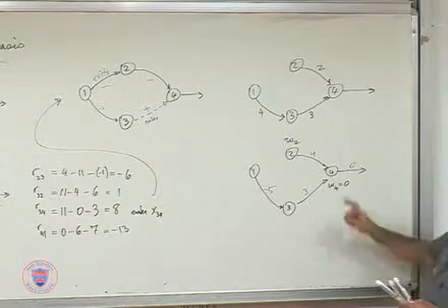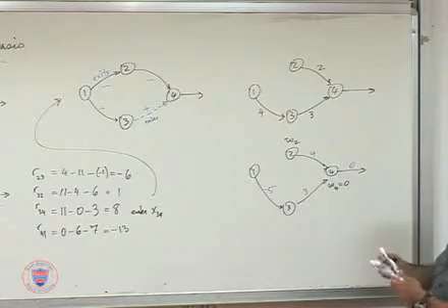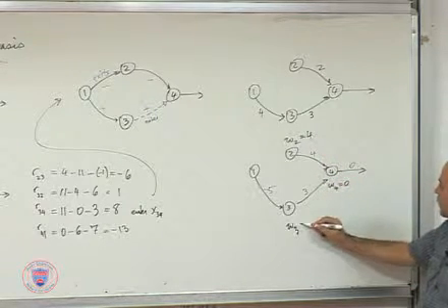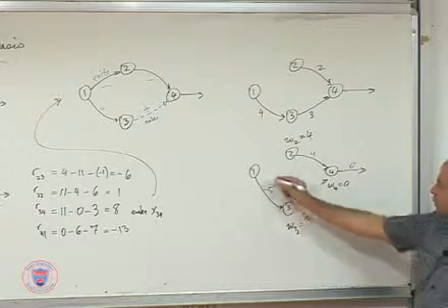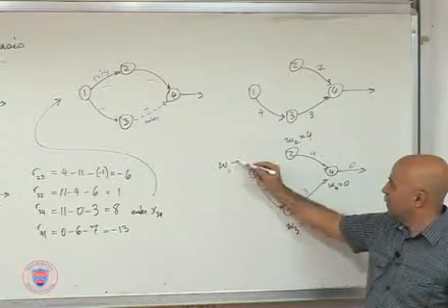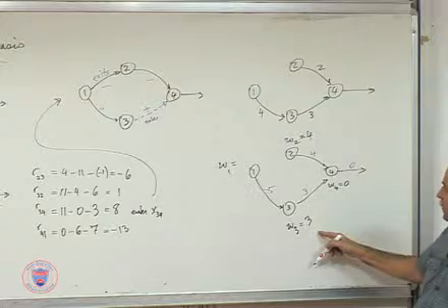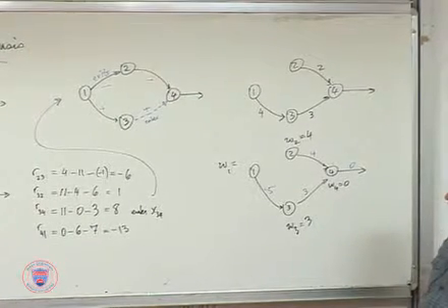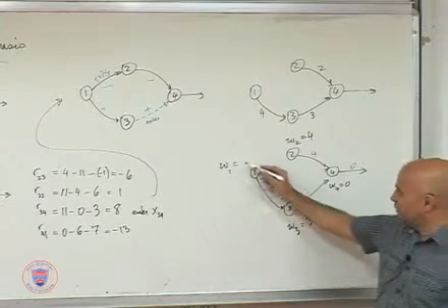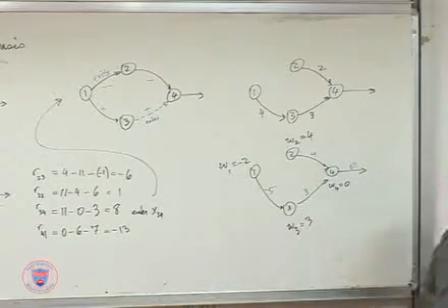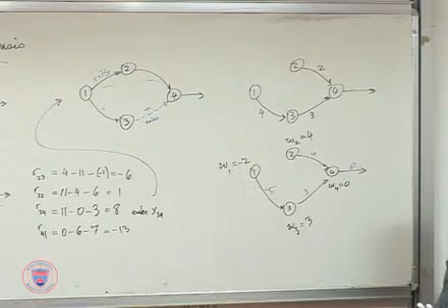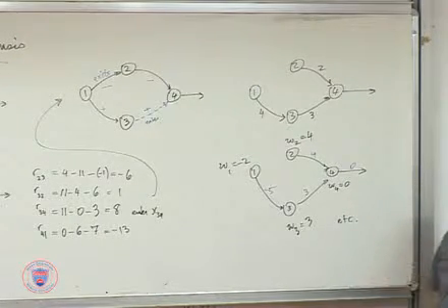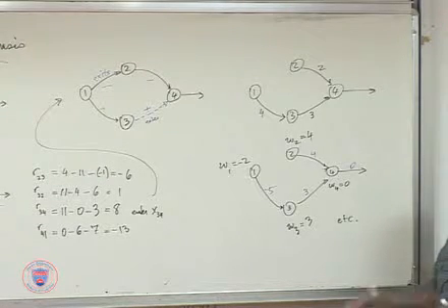All right, so that will give you 4 here. This will be 3. And how much is this? Minus 2. Minus 2 minus 3 gives you minus 5. Etc. You got the picture. You know how to compute the rest of it.